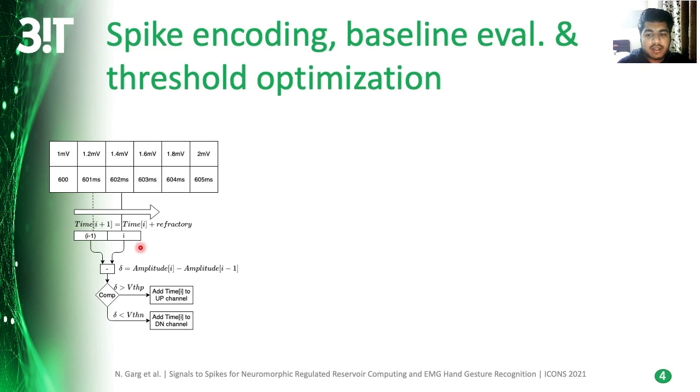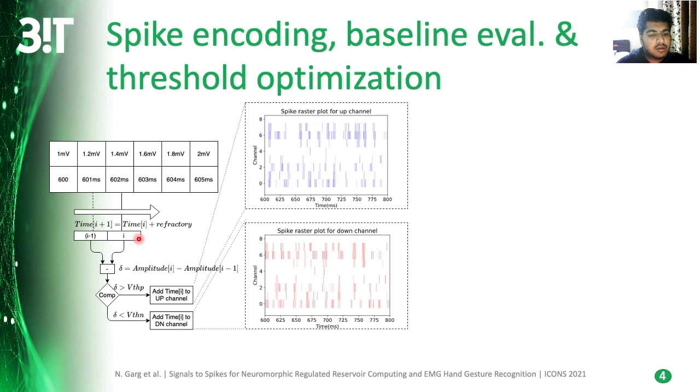We compute the difference between the amplitude of subsequent samples. A spike occurs if the difference exceeds either the positive threshold or negative threshold. Hence, we obtain 8 channels of spike trains for both up and down polarity.